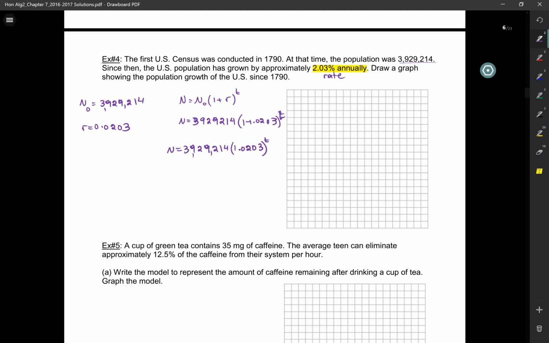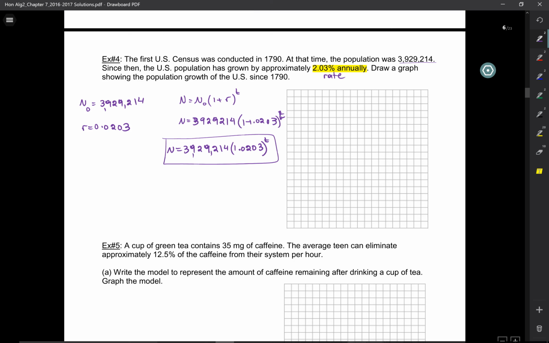Right? So it says draw a graph. In order to draw a graph, you need two variables, an X and a Y, an N and a T. Showing the population since 1790. So this is what I'm going to graph right now. Okay? Let's go to our calculators.